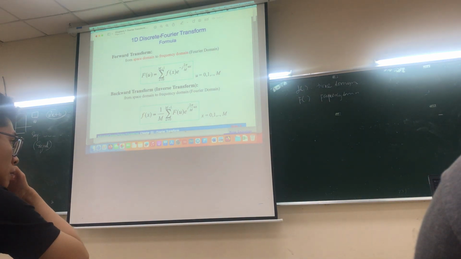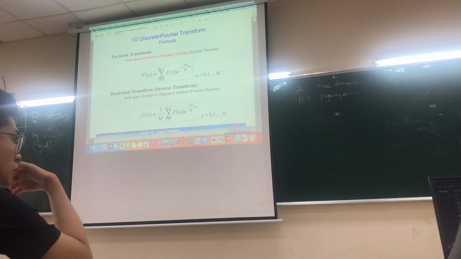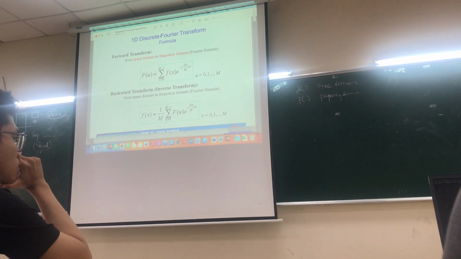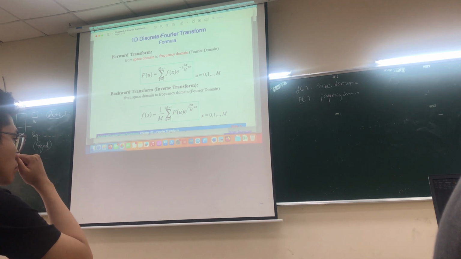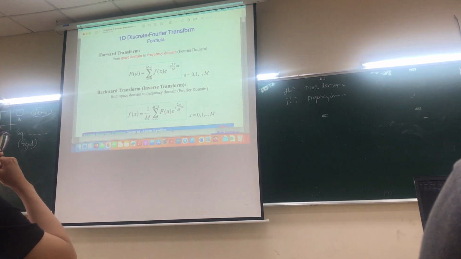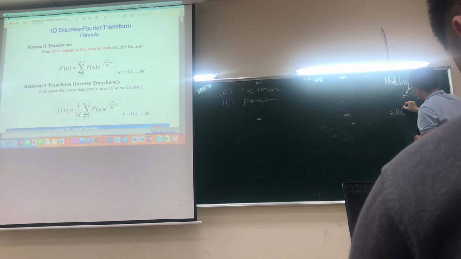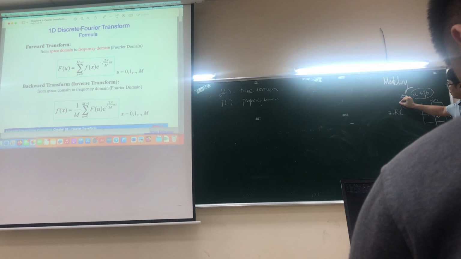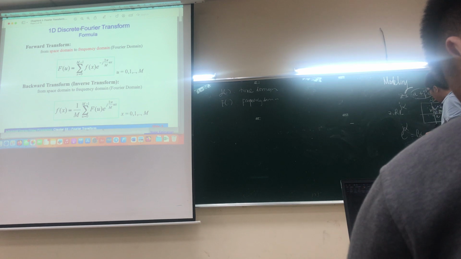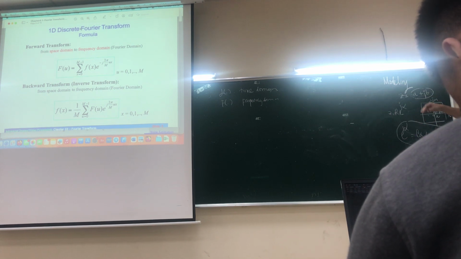So you can write a plus jb or i. That is the representation of a complex number. Or that is the distance from the origin to the point, you get R, and the angle here we call alpha. So another representation is Z equals R multiplied by e to the j alpha. You have the Euler formula: e to the j alpha equals cosine of alpha plus j sine of alpha. These are some basics to review.